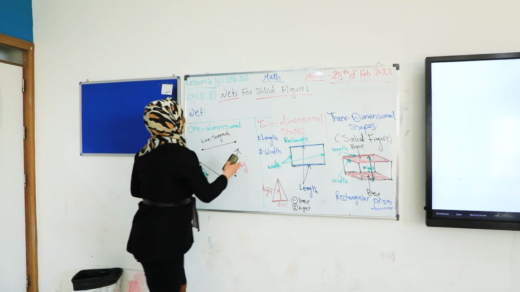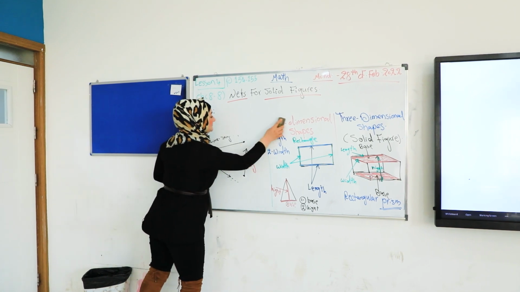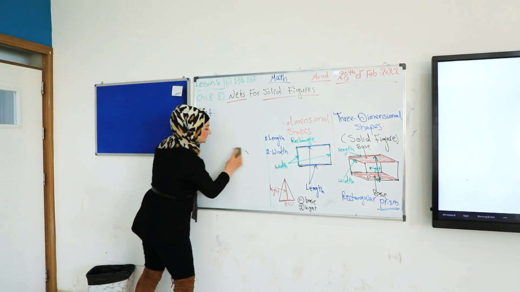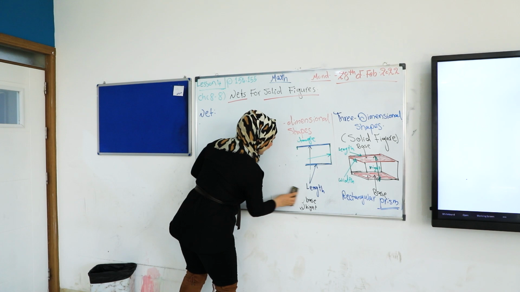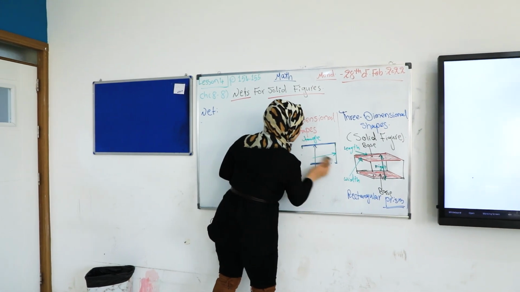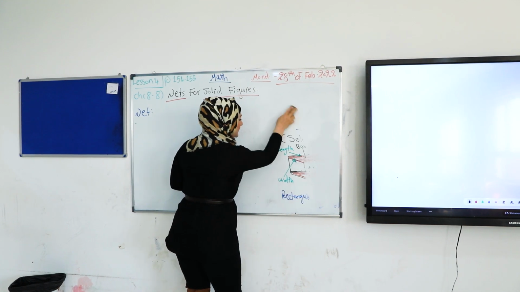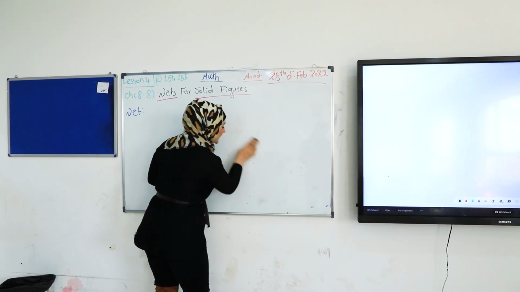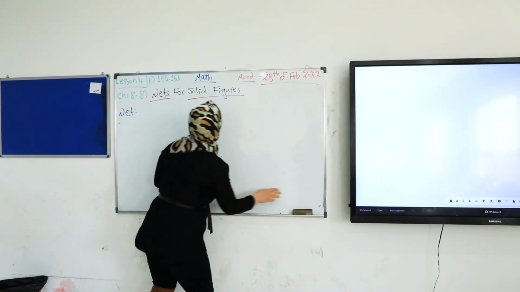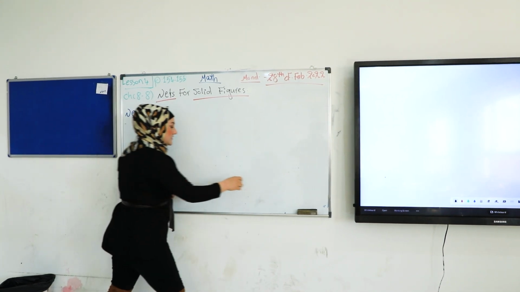Now, let me talk about five types of solid figures. We will be able to talk about five solid figures.